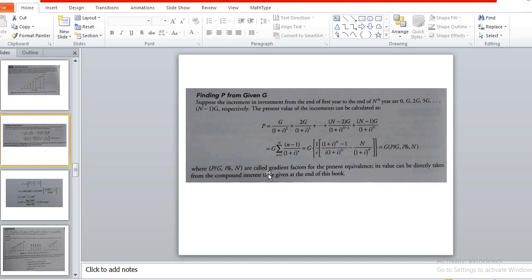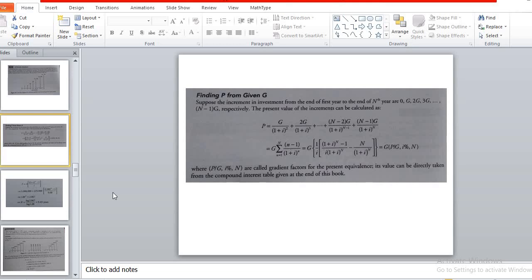In this type, the increment is continuous and has steps. So this is called an arithmetic gradient.